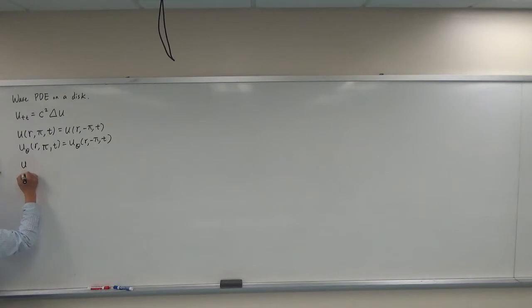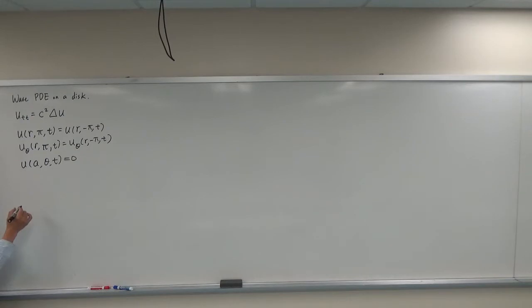And then we were saying that u(a, theta, t) is set to be 0, so that the boundary condition is 0. This is the radial part, this is the angular part where it should be periodic.